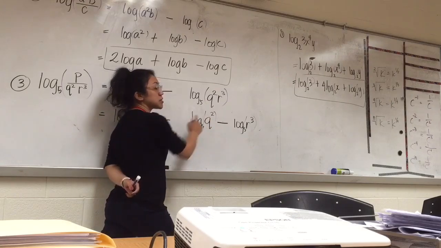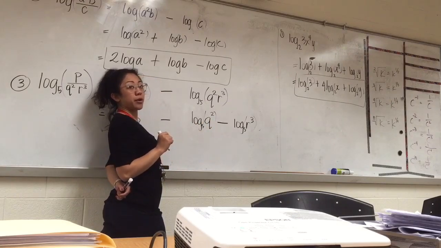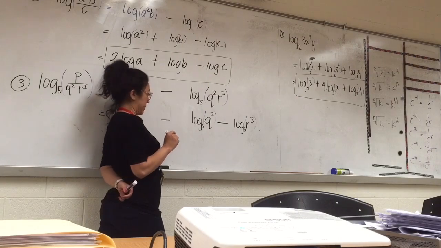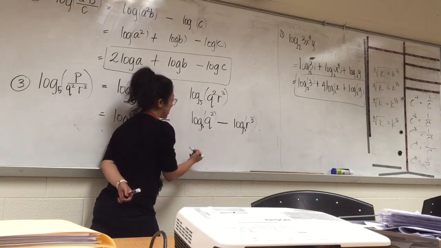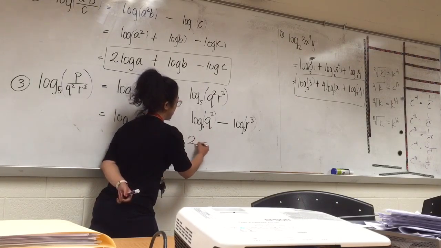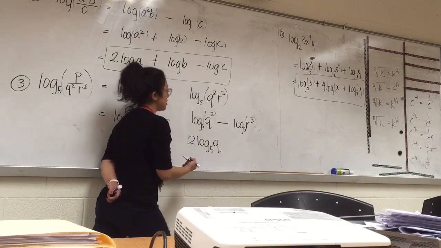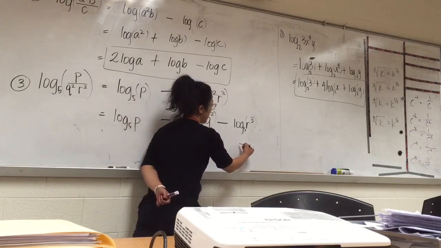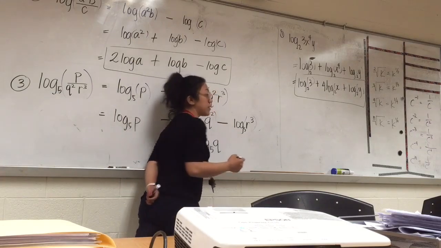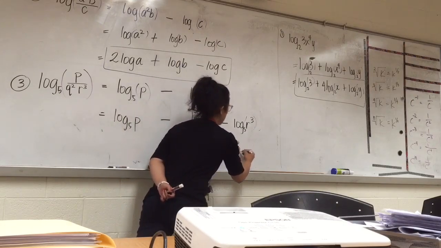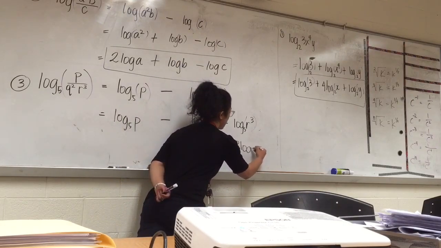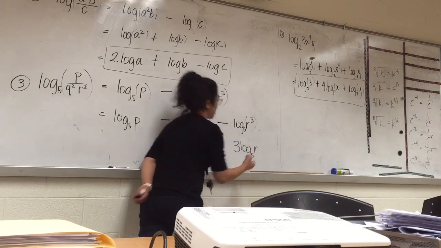When we have an exponent, the power property. So we would write 2 log base 5 of Q. This one, same property: 3 log base 5 of R.